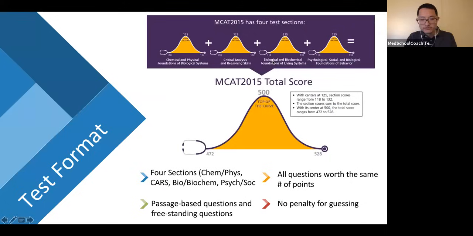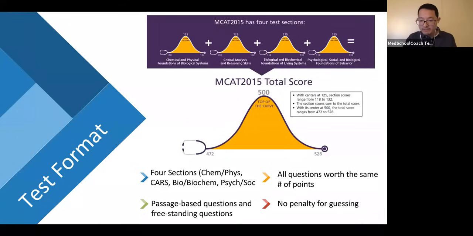Okay, so first of all, on this slide, we do have an overview of the MCAT exam. So you should be familiar with the fact that there are 4 sections: the Chem Phys, the CARS, the Biochem, and the Psych-Soc section. Each section has a much longer name, which I'll let you read on the slide.